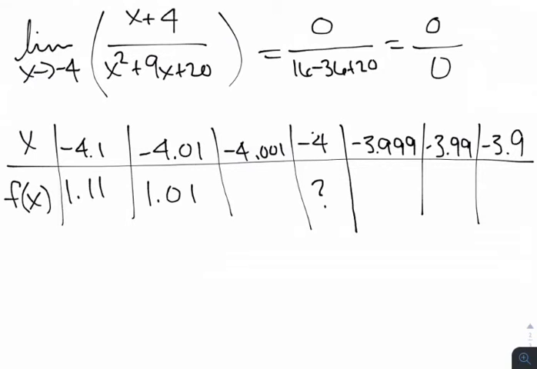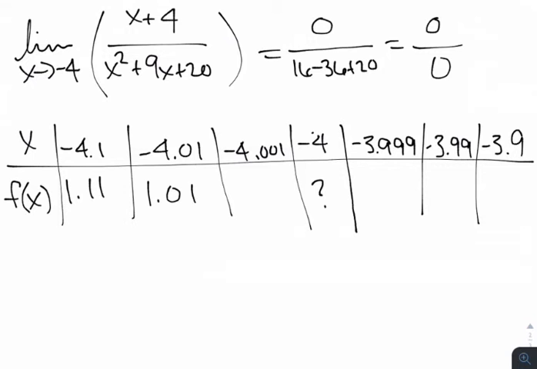And then you need to do it once more on the -4 side, on the more negative side. So you need to do -4.001 plus 4. And that gives you, I'm getting it into scientific notation, but it's negative 0.001.